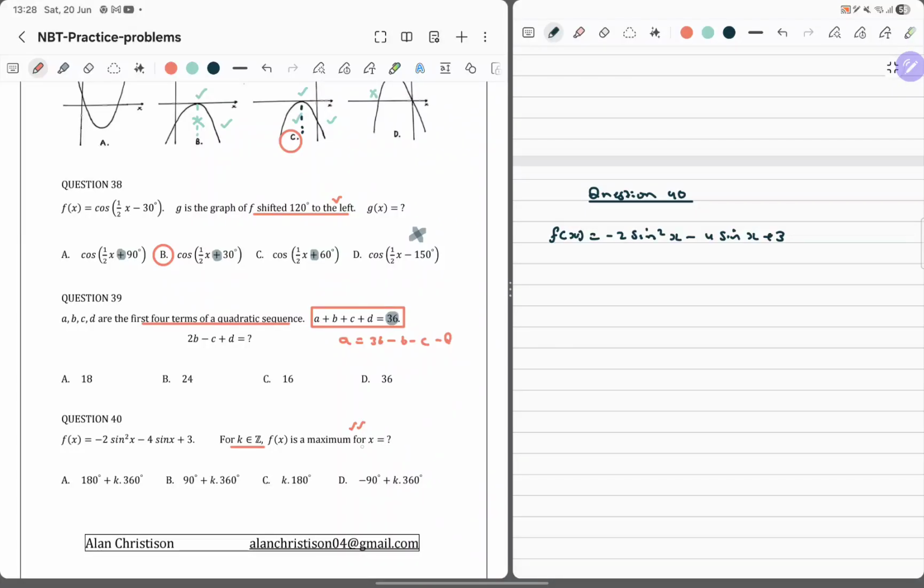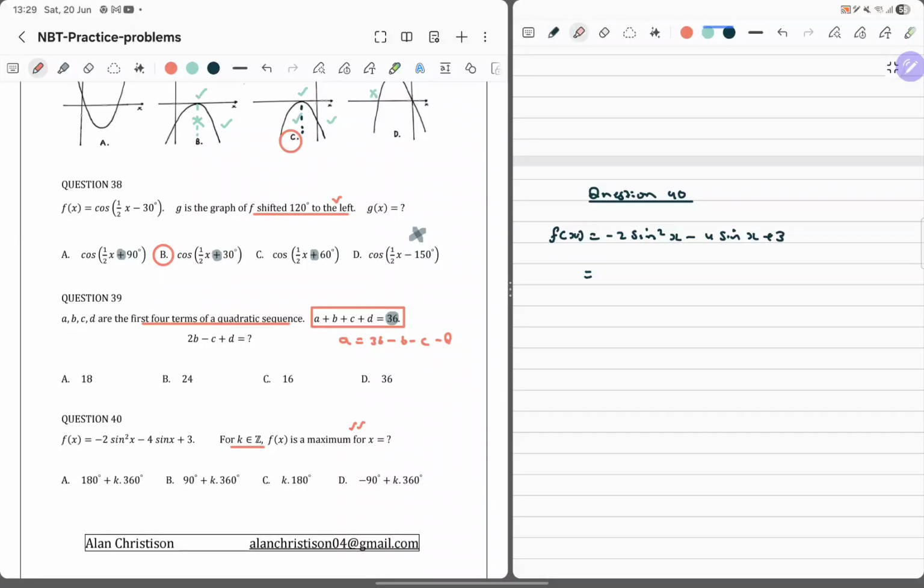F of x is a maximum for x equal to. Okay, so we're looking for the values of x that give us a maximum. All right, so this is cool. So let's see, what do we notice?